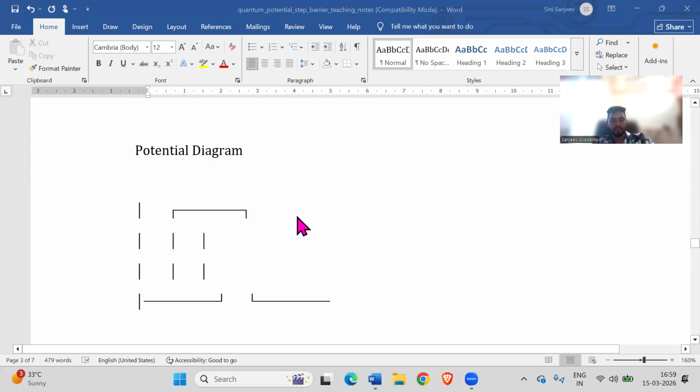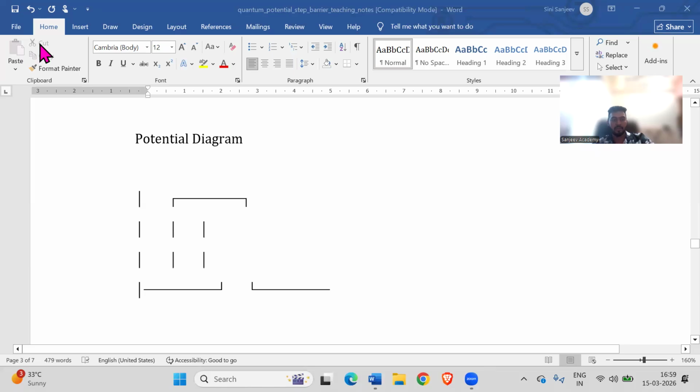Again, the graph does not come properly, so I'll make sure the graphs are done properly. Let me draw it again here.